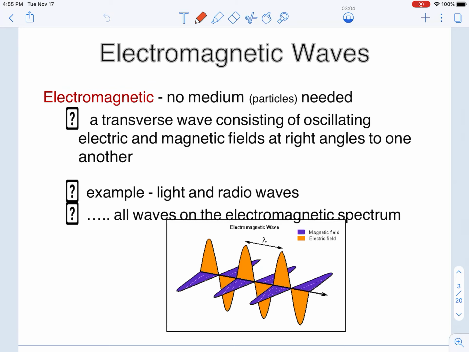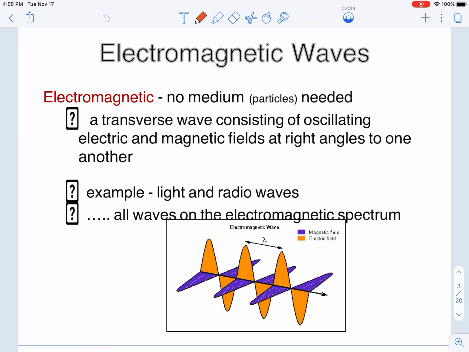So let's talk a little bit about what electromagnetic waves are. These are waves that have both electric and magnetic fields. In the image that we see here in purple and orange, the purple represents the magnetic field, and the orange represents the electric field. Light waves are energy waves, and they are composed of electric fields and magnetic fields that are aligned perpendicular to each other.